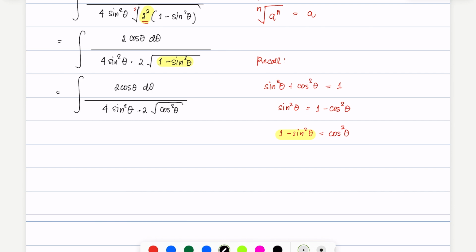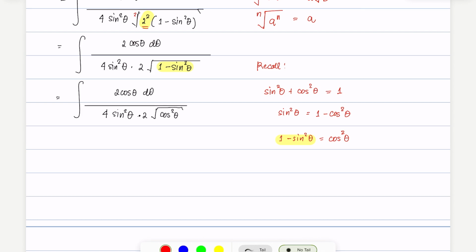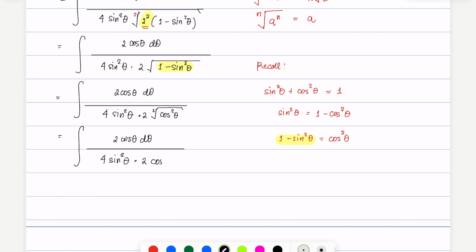And recall again what we have here. I'm just going to put a pointer. This one, the nth root of a to the n is simply a, so that applies in your cosine because we have 2 over there. So what happens now is we have this integral of 2 cosine theta d theta over 4 sine squared theta times 2, and this will just become cosine theta.